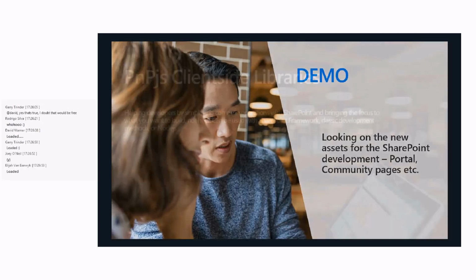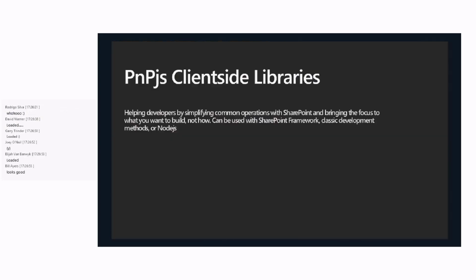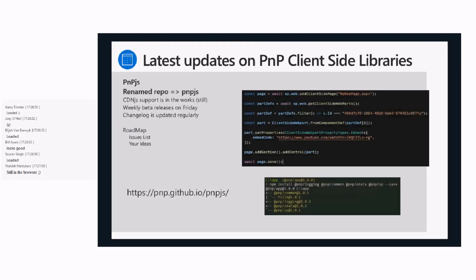Interesting. Cool. So let's do a quick update on the PnP JS Client-side Library. Like I said, Patrick Rogers isn't here. Patrick is really the person who's leading the PnP JS. The PnP JS is kind of evolving. Just quickly clarifying this one as well. There's a PnP JavaScript core library, which is an older version of this one. Then the PnP JS is the new evolution of all of that, which is providing a Fluent API for accessing or kind of hiding the complexity of the REST API.